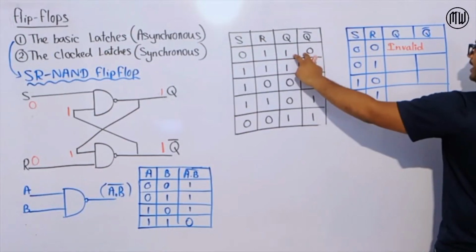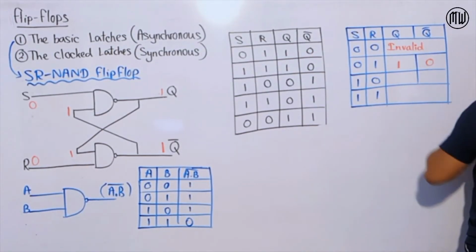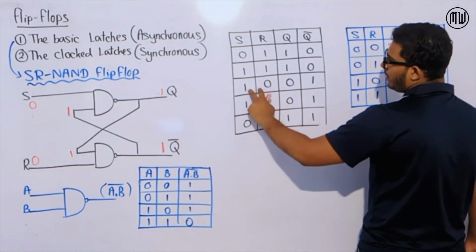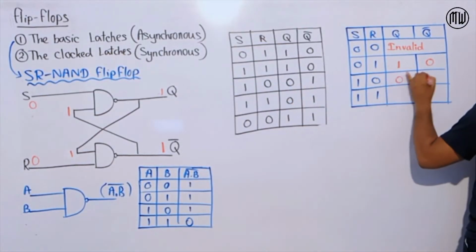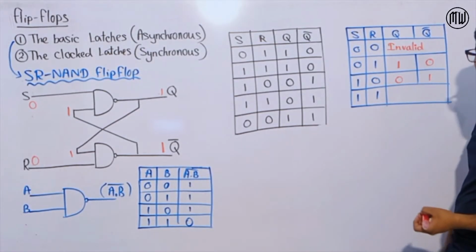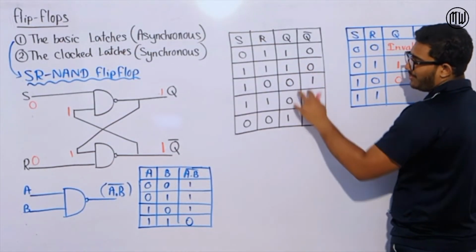Next up, what happened whenever we had 0 and 1? The outputs were 1 and 0. Okay? What happened when the inputs were 1 and 0? Like this. The outputs were 0 and 1. Finally, what happened when the inputs were 1 and 1? Actually, there were two possible outputs for that.